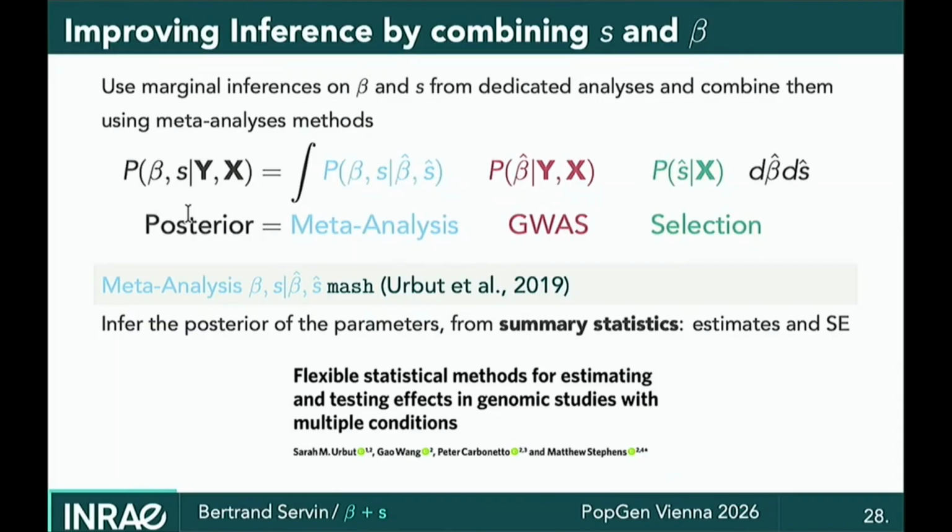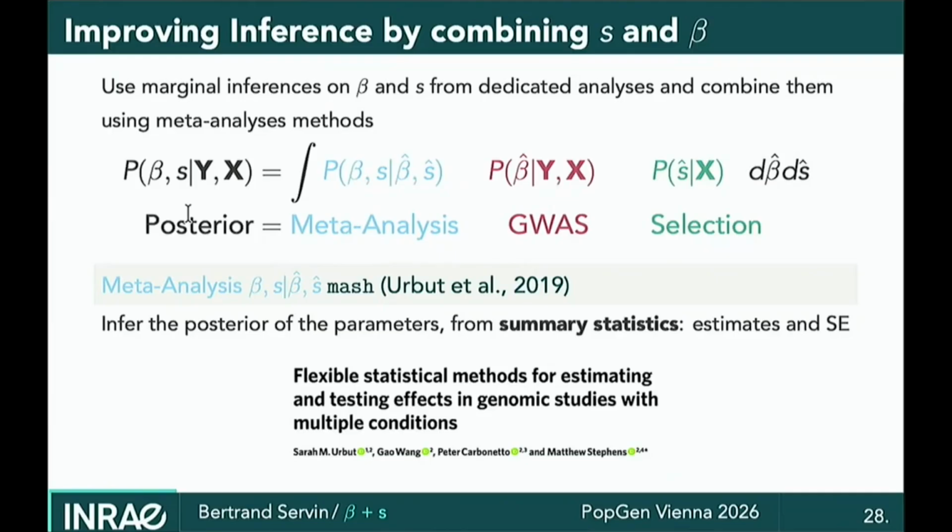And to do that, we've tried different things. And the one that ended up working well for us was using this method called MASH, proposed by Urbut from Matthew Stevens' group, which is a kind of generic method when you have multiple conditions and you have estimates of one parameter for multiple conditions, and you want to combine things together.